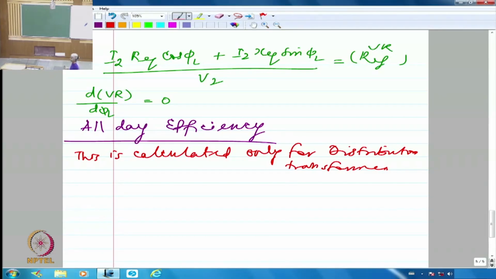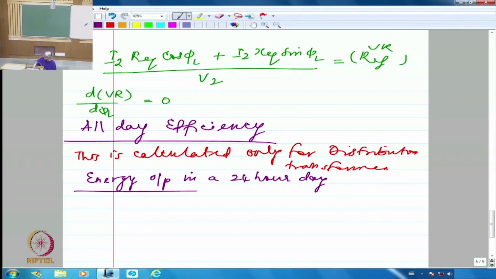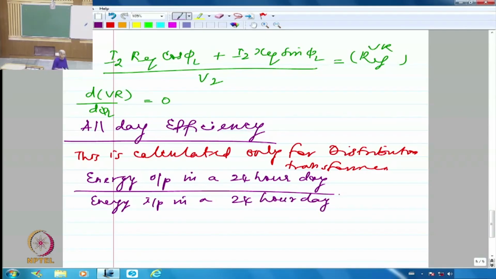So this all day efficiency for a distribution transformer is calculated as energy efficiency. It is essentially energy output in a 24-hour day divided by energy input in a 24-hour day. This is the all day efficiency.